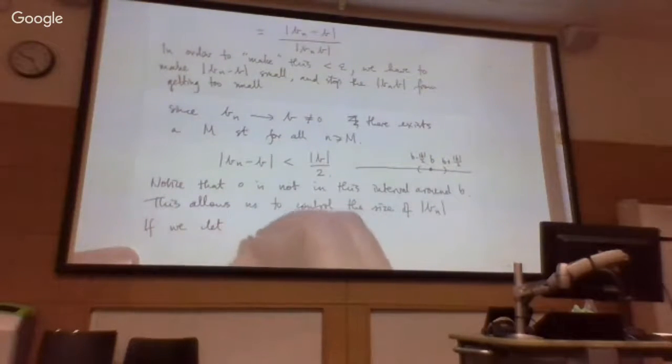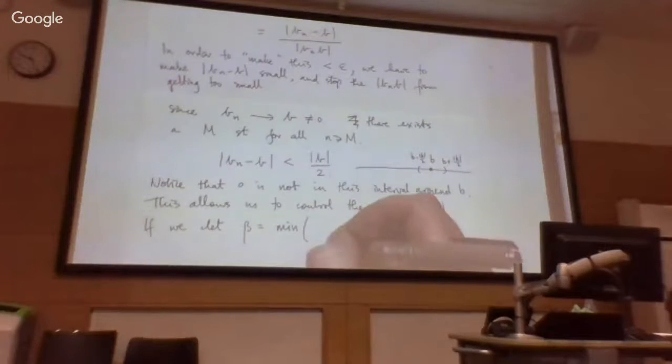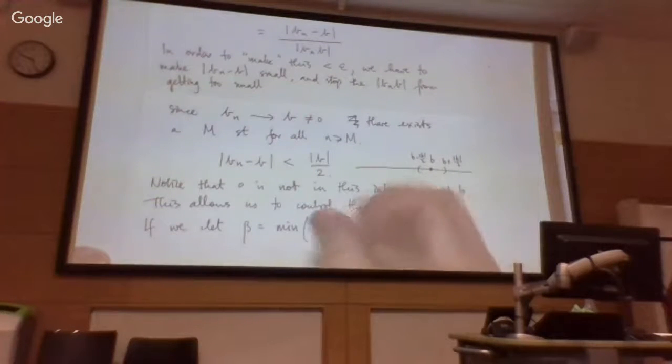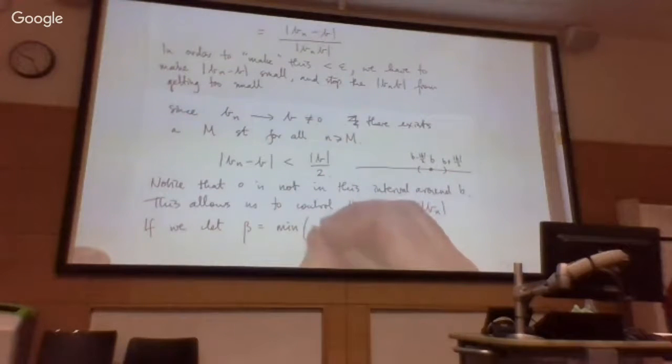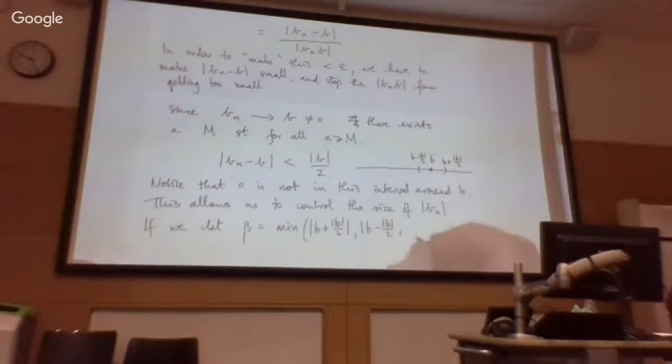If we let beta be equal to the minimum of the absolute value of B plus absolute value of B over 2, the absolute value of B minus absolute value of B over 2. Sorry, I've changed the way I'm writing my B's there, from a handwriting B to just a normal B. Sorry for the confusion.